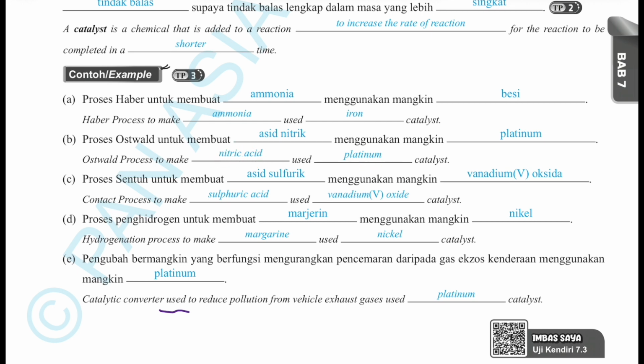We have contact process to make sulfuric acid. So contact process use vanadium 5 oxide as a catalyst. And then hydrogenation process to make margarine use nickel catalyst. Catalytic converter is used to reduce pollution from vehicle exhaust gases. Use platinum catalyst.